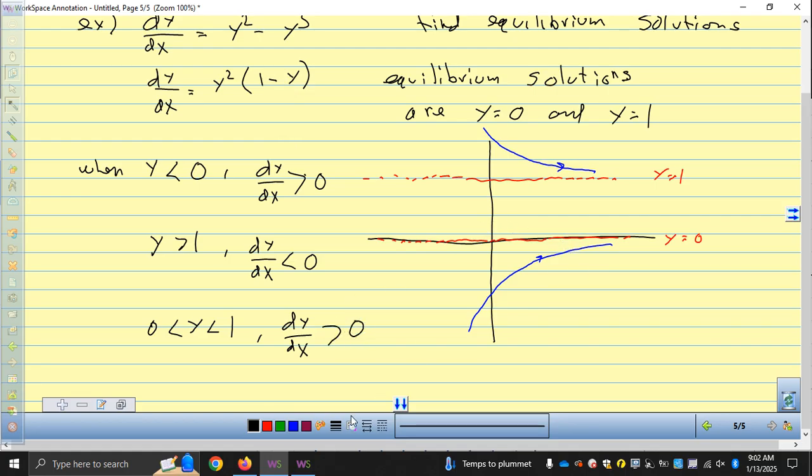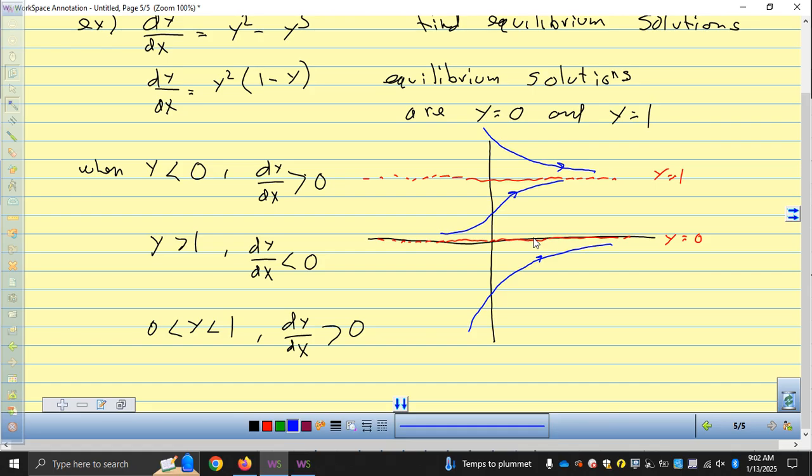So in here, our slopes are generally going to look like this. Just from that information, we have a rough idea of what our solution curves are going to look like in those different areas of the plane.